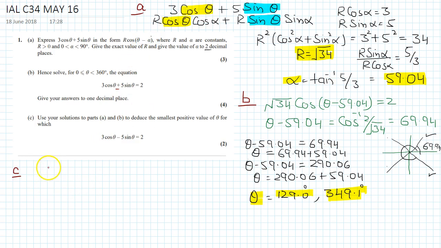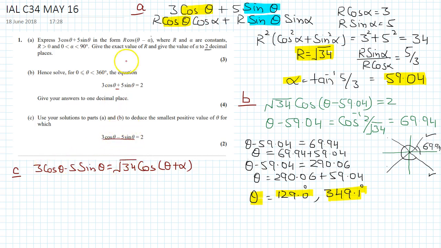So this will be 3 cos theta minus 5 sin theta. This I can write as R is root 34 cos, and instead of theta minus alpha, I'll write theta plus alpha.